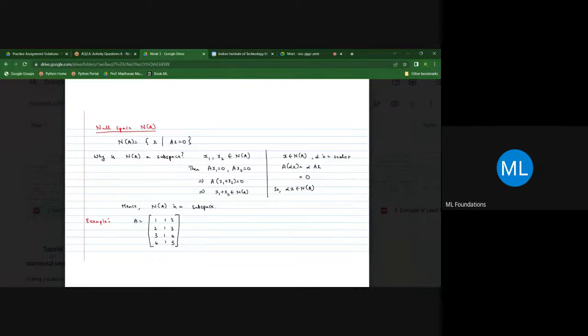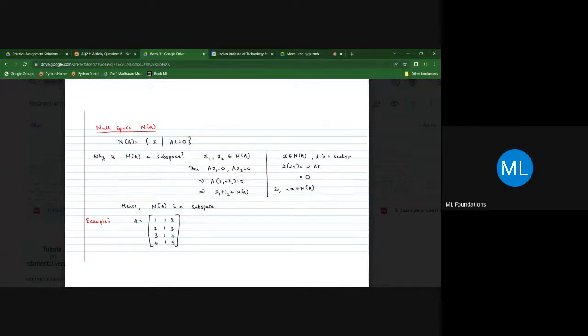For example, if you have any vector x1 that belongs to the null space of A, then alpha x1, a scalar multiple of that vector, will also belong to the null space of A. For anything to be called a subspace, it should satisfy these two conditions. If two vectors belong to the subspace, then the linear combination of those two vectors should also belong to the subspace.